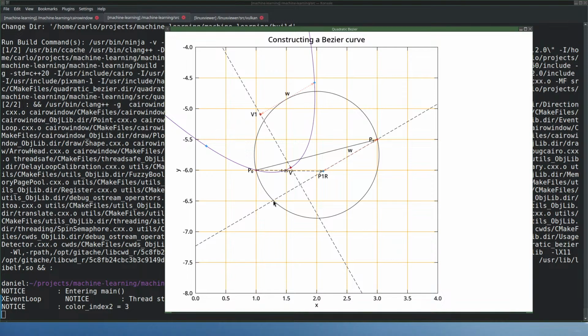It should have been here. The P1R is here. It should have been there. In other words, it's... yeah, no. What went wrong?